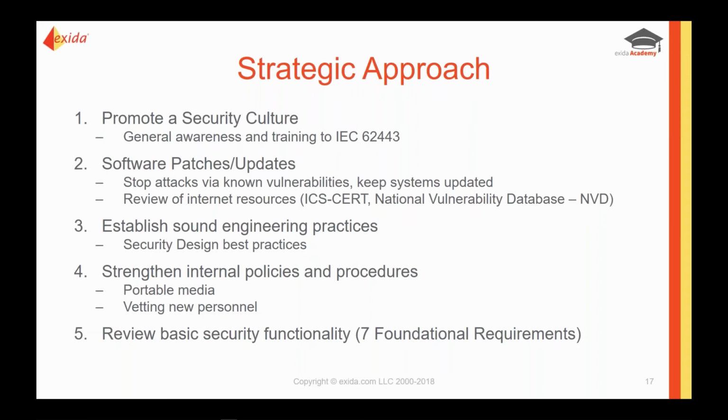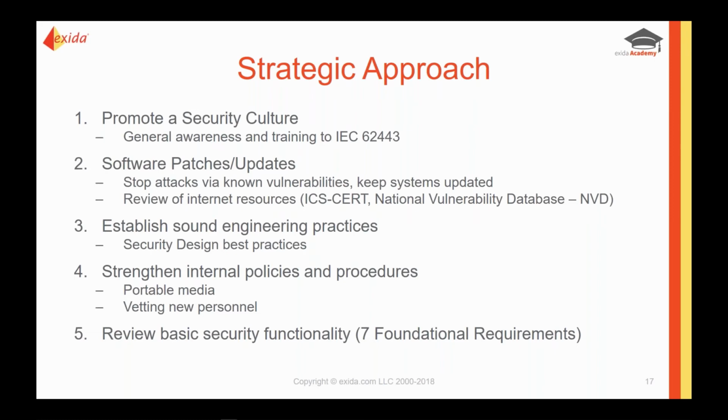Developing good best practices is another very important guidance in the 62443 standard. There are good design, good coding practices, and good requirement management practices, with guidance in those documents for dealing with all of those. You also want to make sure that your internal policies are focused on security and dealing with things that can occur, such as managing portable media or guidance on vetting new personnel.